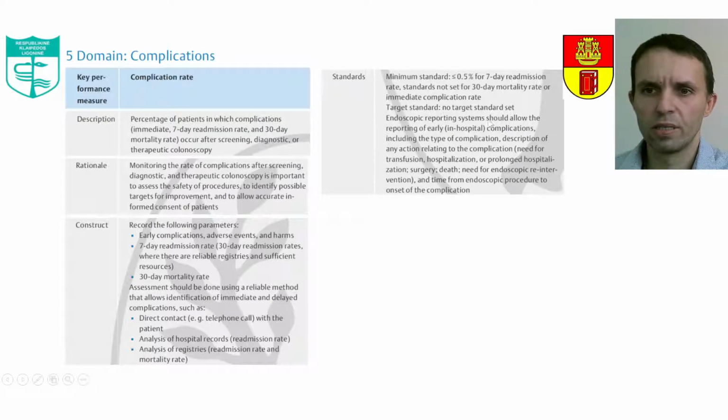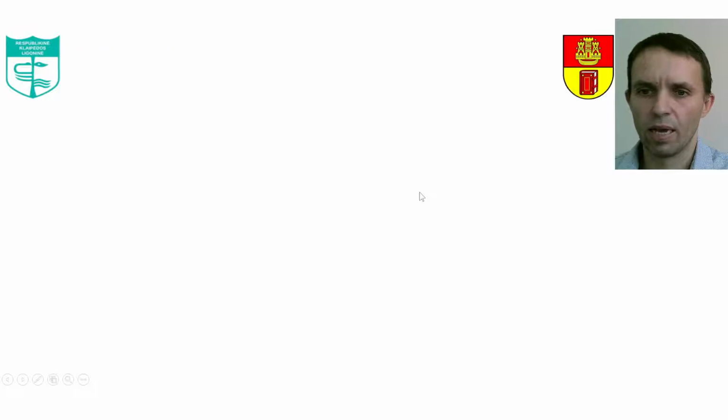Endoscopic reporting systems should allow the reporting of early in-hospital complications, including the type of complication, and a description of any action relating to the complication. For example, need for transfusion, hospitalization or prolonged hospitalization, surgery, death, need for endoscopic re-intervention, and time from endoscopic procedure to onset of the complication.